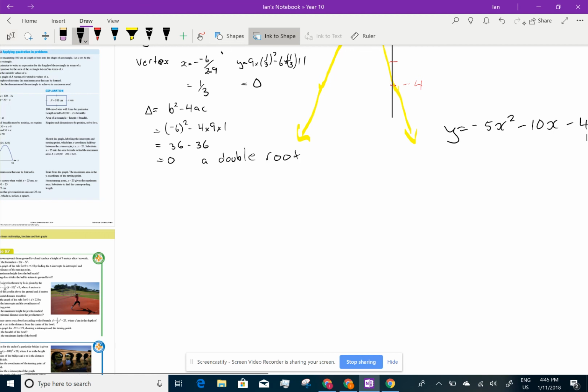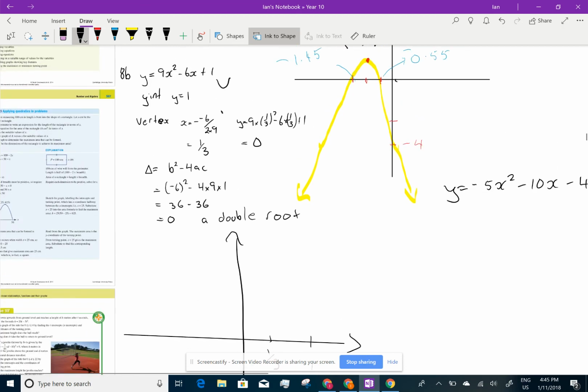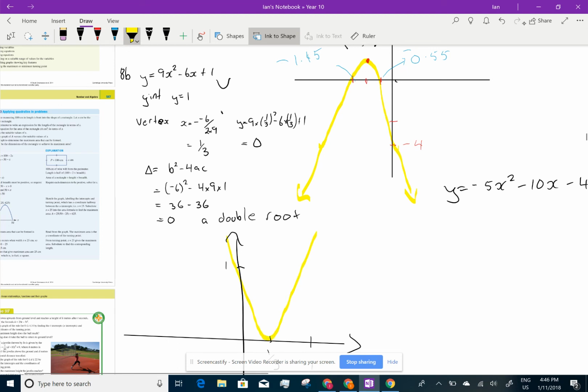All right, so let's go back here and get a double root. So, a positive parabola. I'll make that 1. So a third is about there. What was the y-intercept again? 1. So my parabola is doing that.